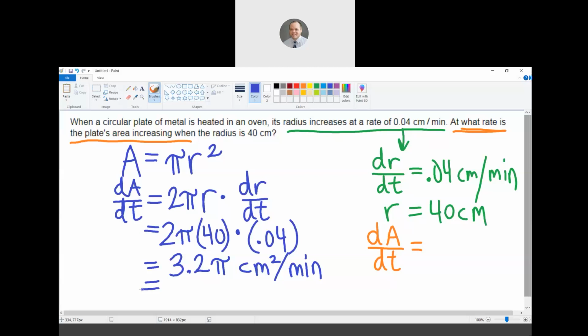You wouldn't hit 3.14 unless it states so in the directions. So if you're asked to round to the hundredths place, then your rate would be roughly 10.05 square centimeters per minute.